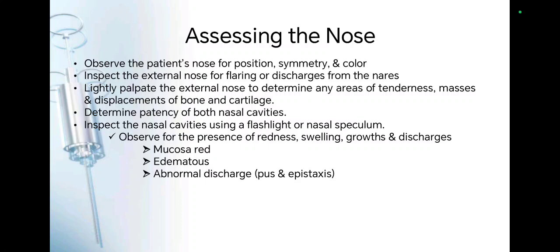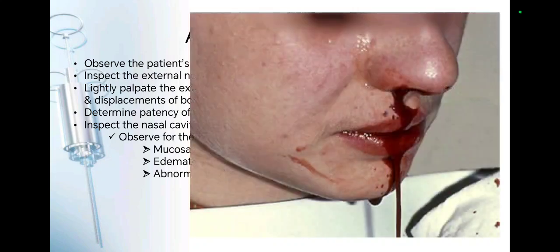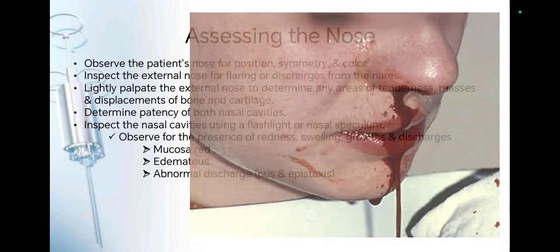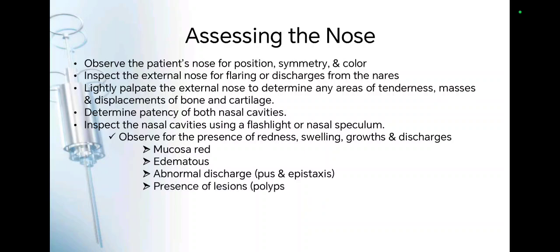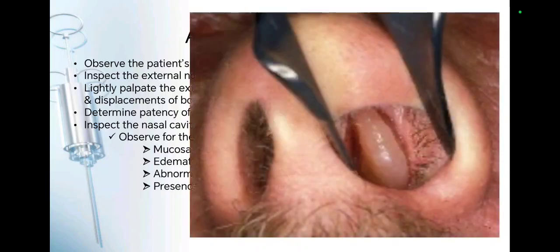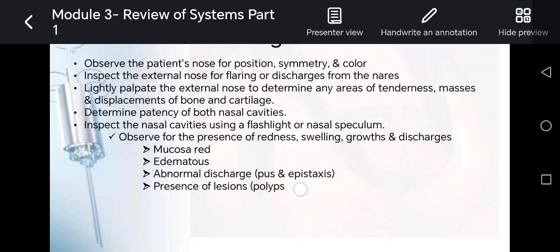These are just abnormalities that we may observe in our patient. This is an example of epistaxis, and this is an example of lesions such as polyps.